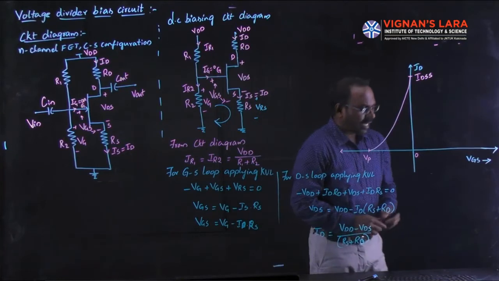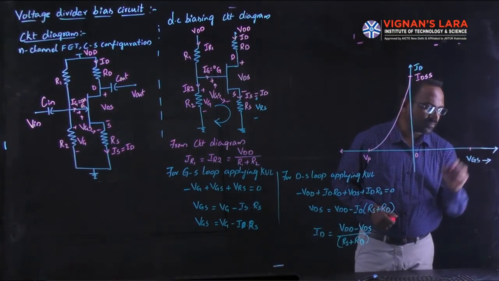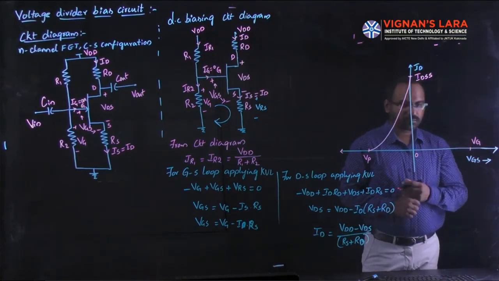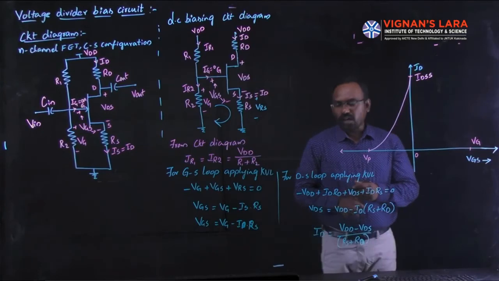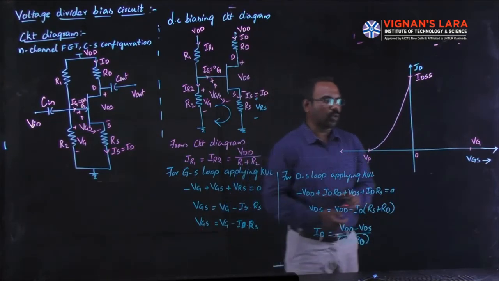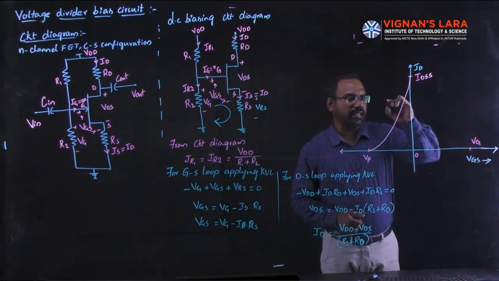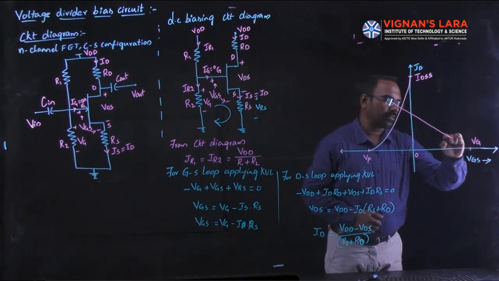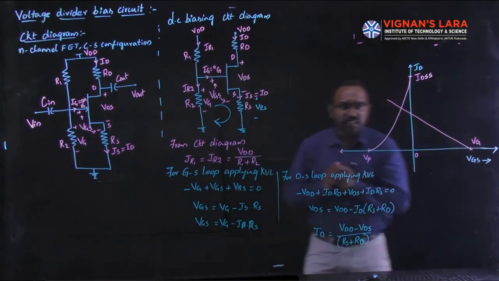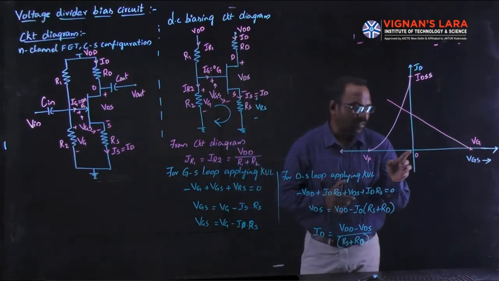So here I am assuming on this VGS axis somewhere here, it is my VG. So now if you change the value of ID and find out the VGS value, it will be a straight line like this. Initially, in the previous self-bias configuration, the line started from the origin.